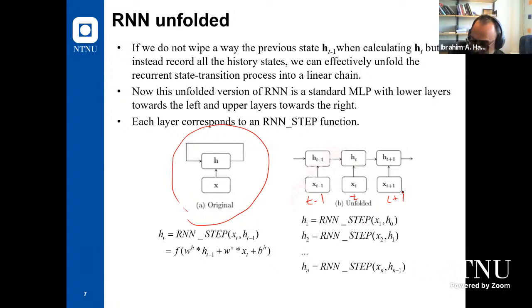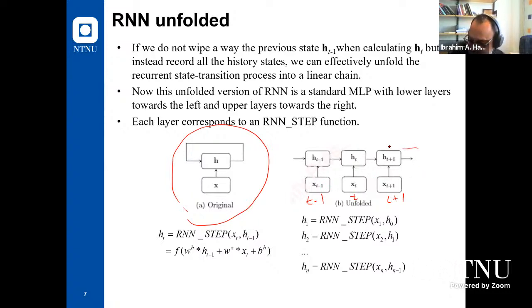If you don't wipe away the previous state ht minus 1 when calculating ht, but instead record all the history data, we can effectively unfold the recurrent state transition process into a linear chain. So the unfolded version of RNN is a standard MLP with the lower layer towards the left and the upper layer towards the right.